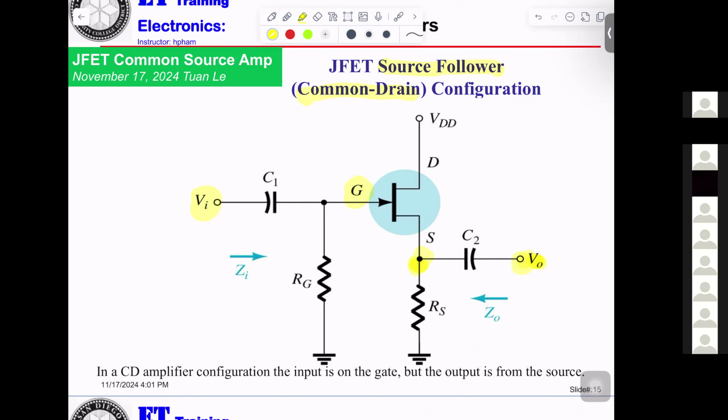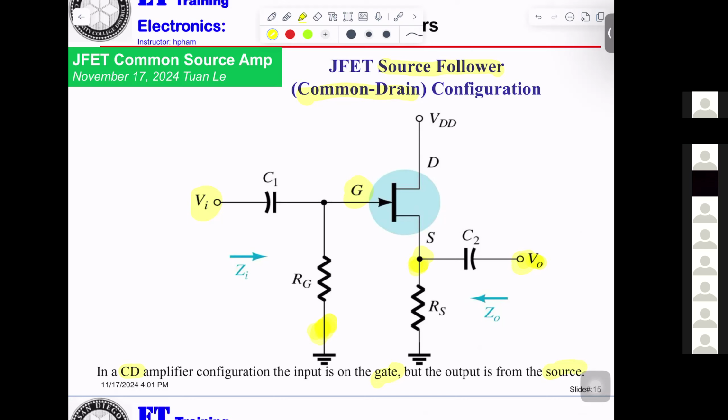Exactly. If you get a battery here, that means fixed bias. This is a self-bias. Okay, common drain amplifier configuration: the input is on the gate, output from the source.